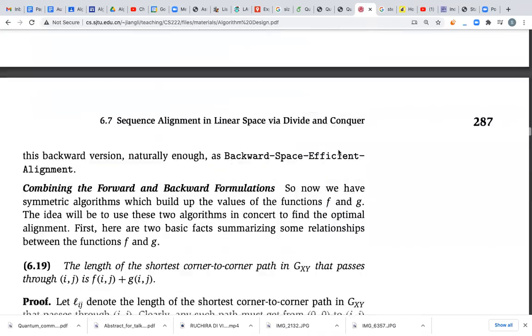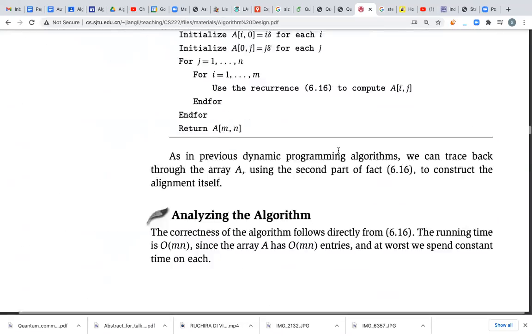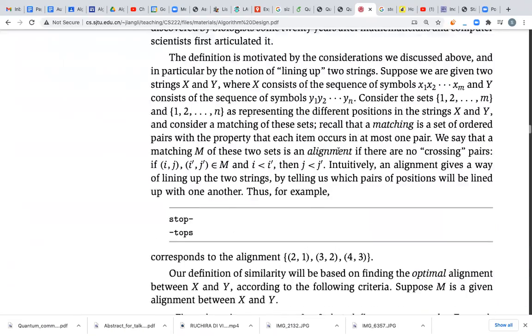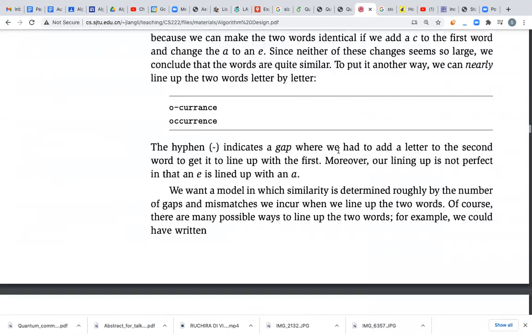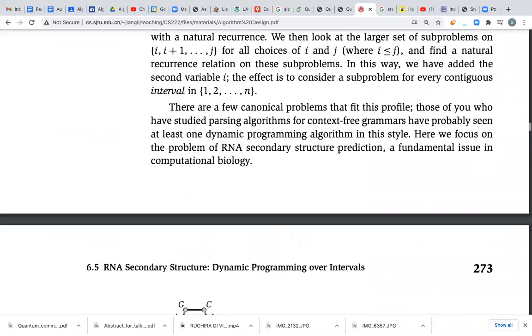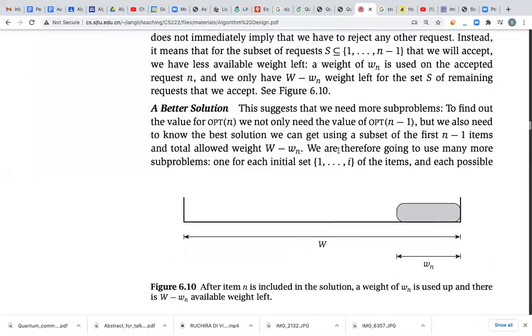I could not understand how it is order of n square, because here it is given that when we know E_ij minus 1, we can determine E_ij in constant time.